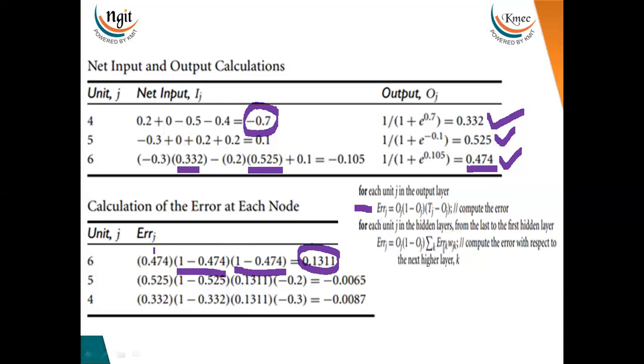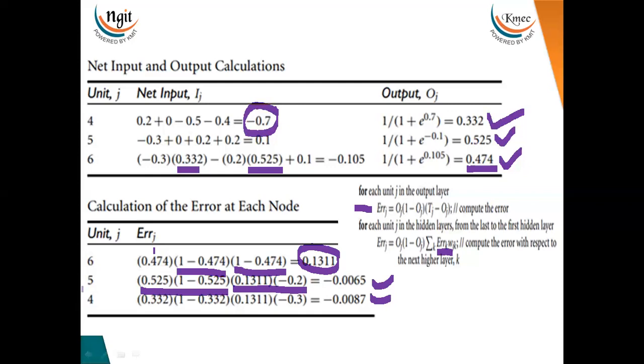So this 0.131 should be multiplied with the weight at node 4, that is 0.2, and again O and 1 minus O at that particular node will be taken from here. That multiplication gives you the error at the hidden layer nodes 5 and 4.